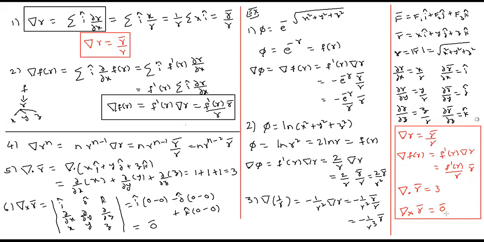So r bar is always irrotational. What about is it solenoidal? No, sir. For a solenoidal vector, divergence must be 0. But in this case, divergence is 3, which is not equal to 0. Therefore, r bar is not solenoidal but always irrotational. Is it okay?